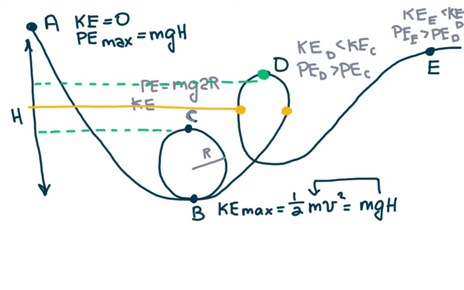That is the point where the potential energy is half of the initial energy at point A. So right here, the potential energy would be equal to mgh over 2. That means the kinetic energy here is equal to mgh over 2, and 1/2 mass and velocity at that point squared.